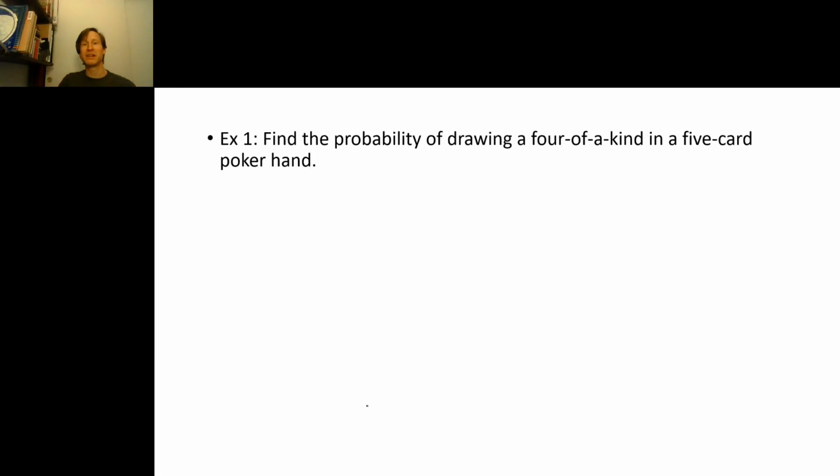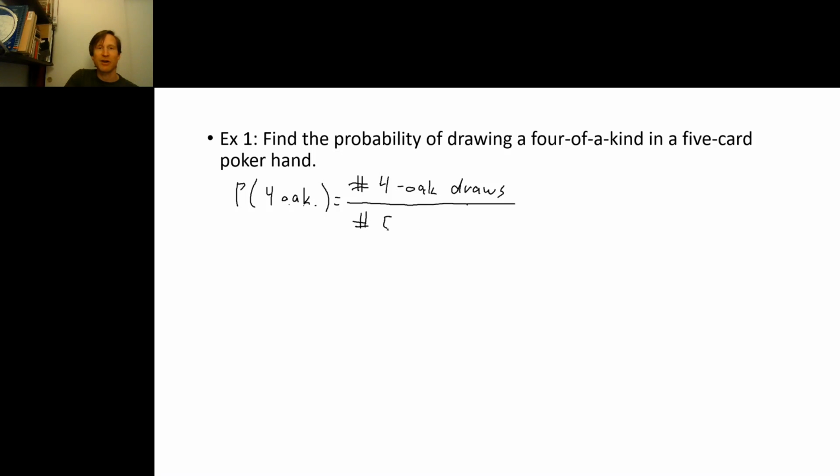So let's look at a couple examples. Let's find the probability of drawing a 4 of a kind in a 5-card poker hand. The probability of 4 of a kind is going to be the number of draws that give us a 4 of a kind, with 5 cards, divided by the total number of 5-card hands.